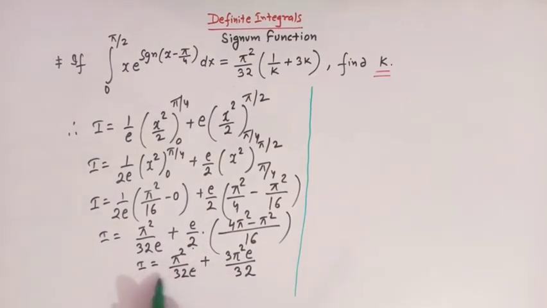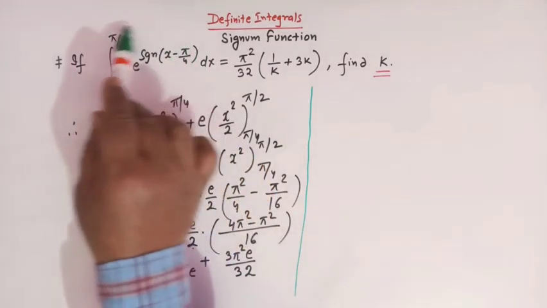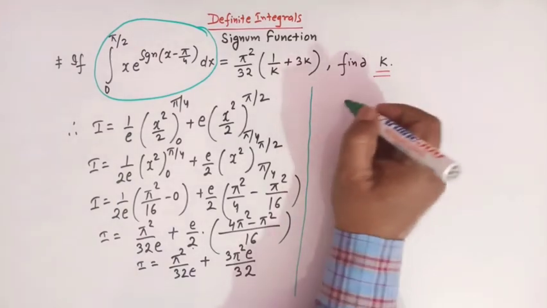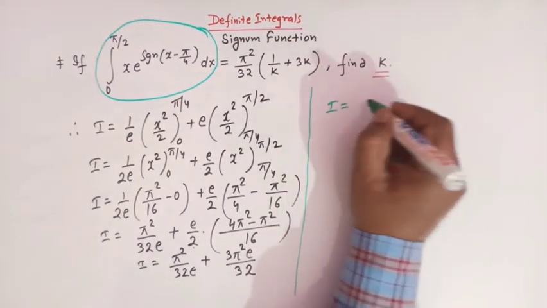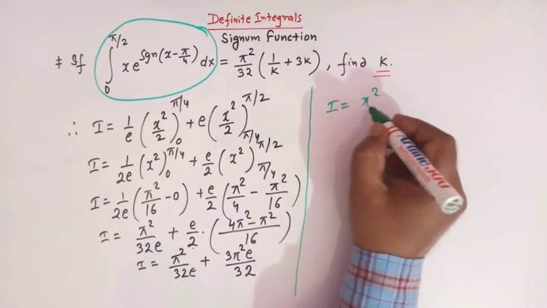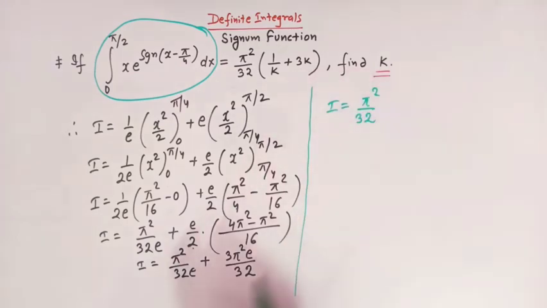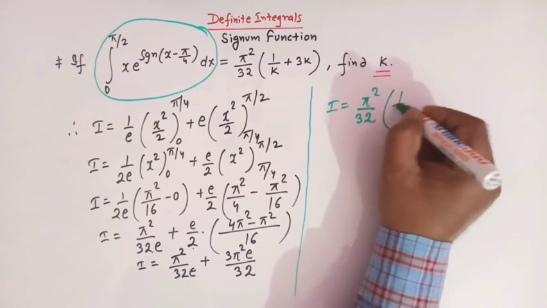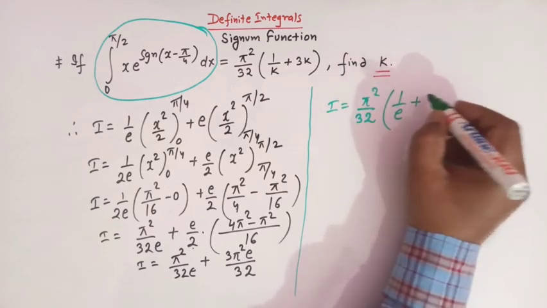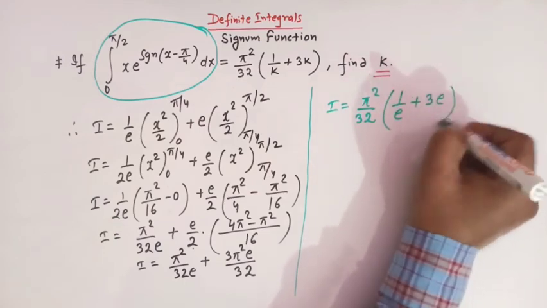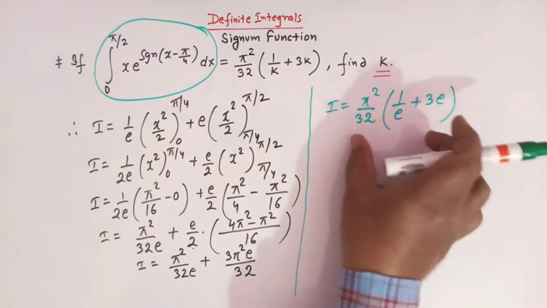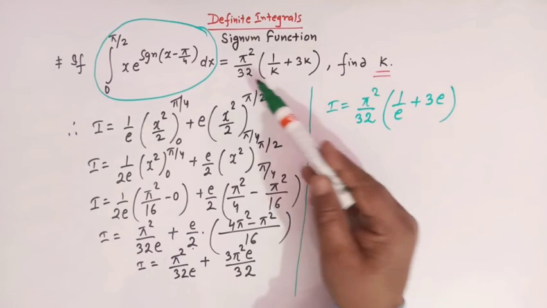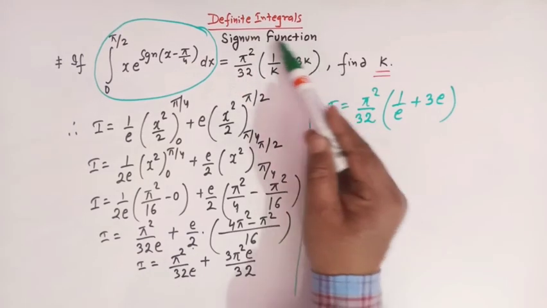So viewers, the value of this integral I is equal to π²/32. We can take π²/32 common, and we have 1/e plus 3e, right? And this is the value of this integral, and we have already been given this value.